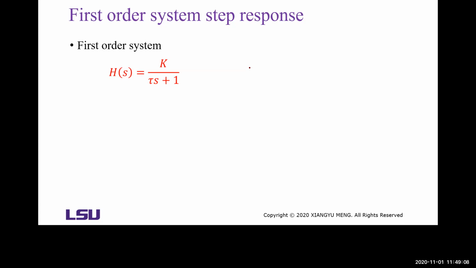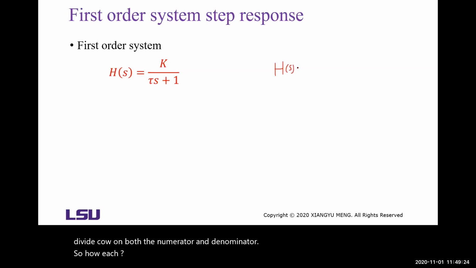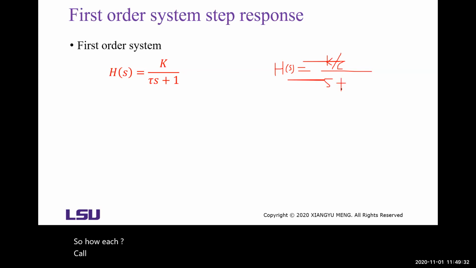First, let's write the transfer function in this way. Let's divide tau on both the numerator and the denominator. So we have G(s) equals K over tau, over s plus 1 over tau.